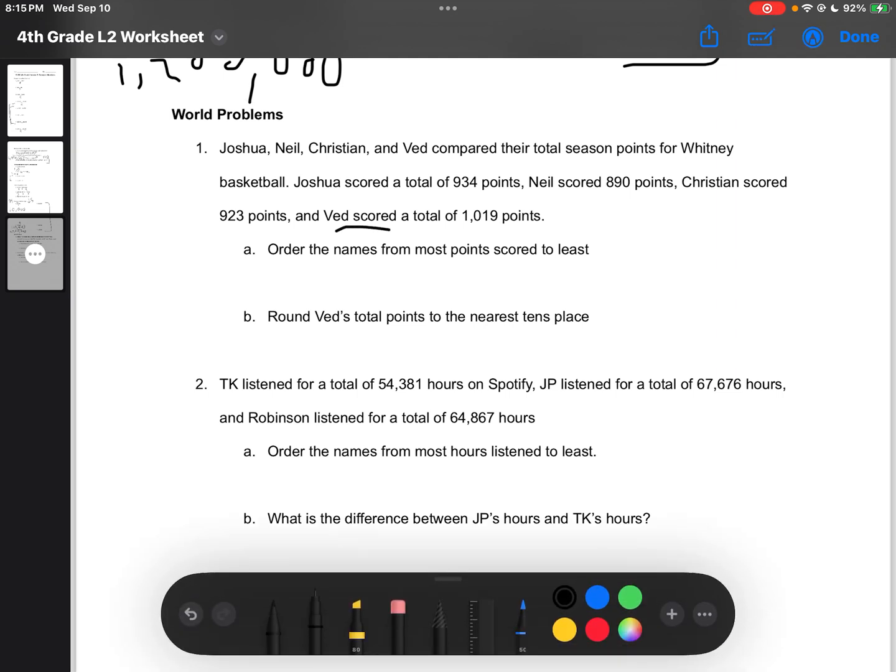We can tell that Ved scored the most with 1,019, so we'll put Ved first. And then we see Joshua scored the next most with 934, then Christian with 923, and finally Neil with 890. Alright, B. Round Ved's total points to the nearest tens place. You guys could try that on your own.